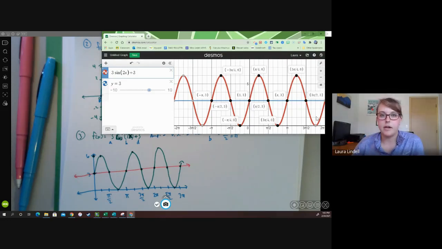Or if you're doing like an IXL assignment or something like that, you can pretty easily transfer this graph over to there. So yeah, once you start graphing these in a graphing calculator, the whole process becomes a lot easier. Any questions up to this point on the use of the graphing calculator, on how we would graph these things?